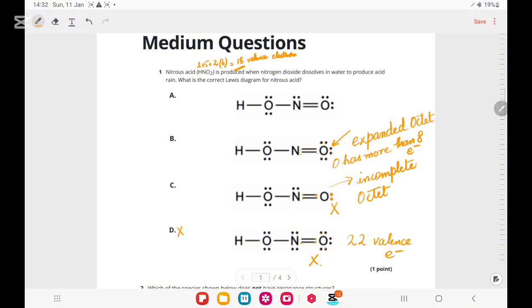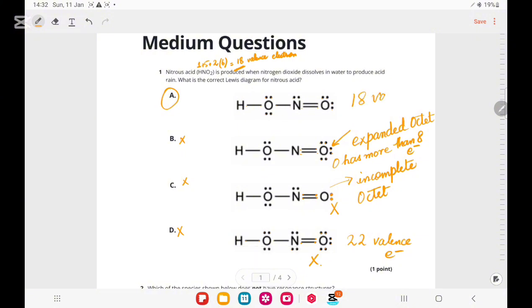Then when we see option A, it is going to be the right answer, as it follows everything. It is going to have 18 valence electrons. How? 1, 2, 3, 4, 5, 6, 7, 8, 9, 10, 11, 12, 13, 14, 15, 16, 17, 18.